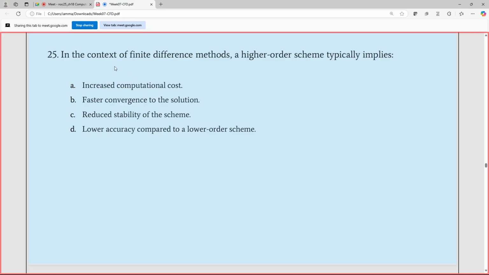Next question. In the context of finite difference methods, a higher order scheme typically implies which of the following? Options are option A, increased computational cost; option B, faster convergence to the solution; option C, reduced stability of the scheme; option D, lower accuracy compared to a lower order scheme.